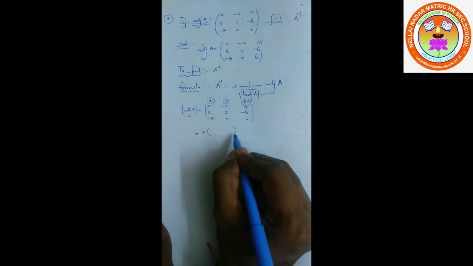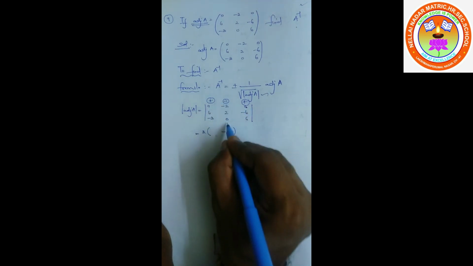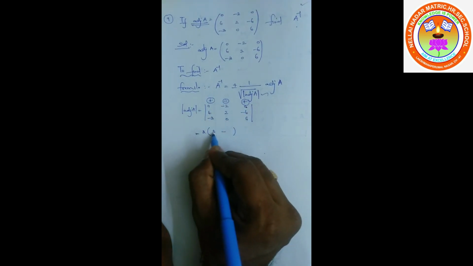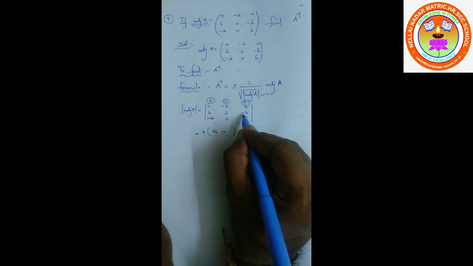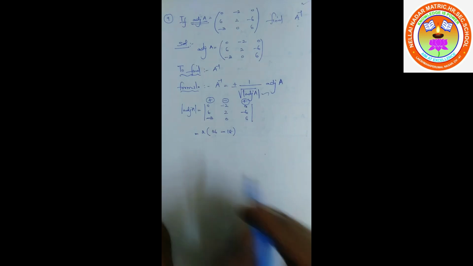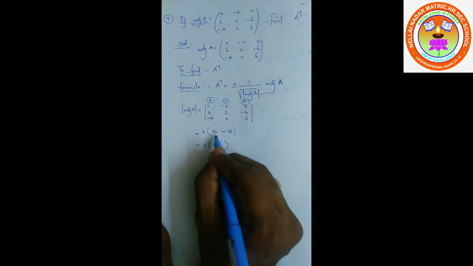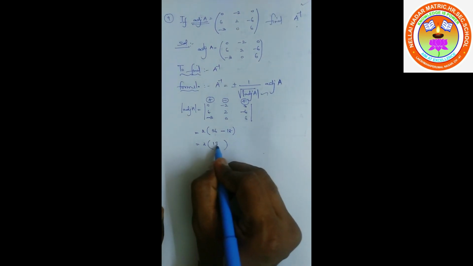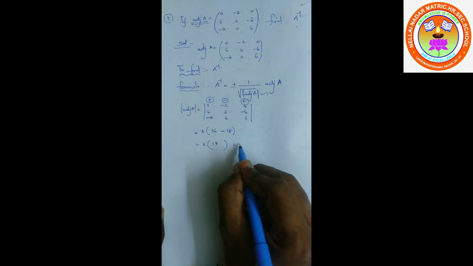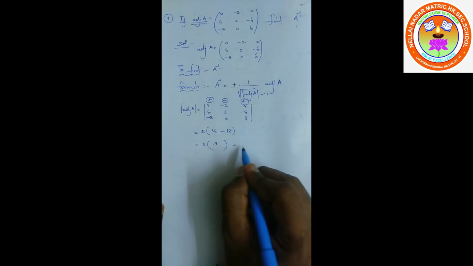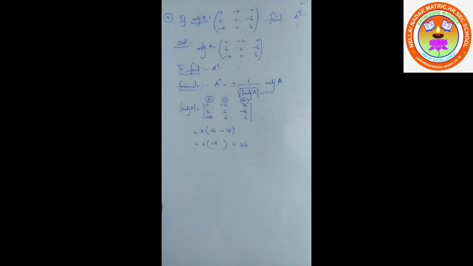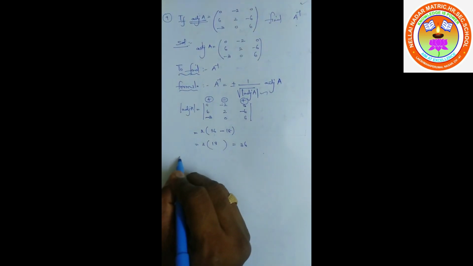Minus into minus plus 2, open the bracket: this row, this column, 6 6s are 36, minus, minus into minus plus 3 6s are 18. So 2 into 36 minus 18, which gives 18. So 2 into 18 is 36. This is the determinant.